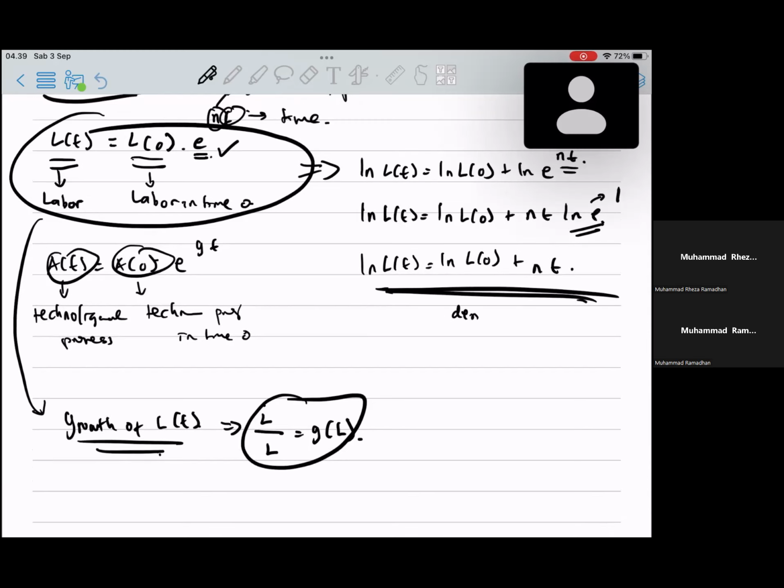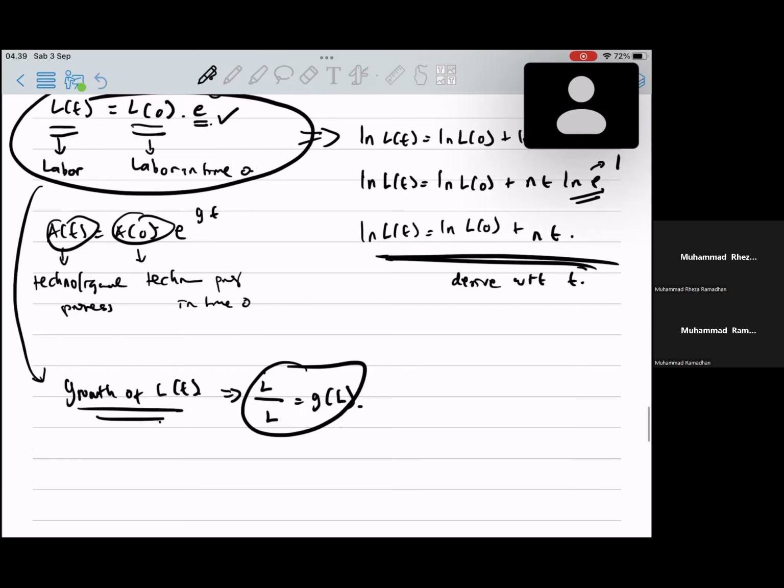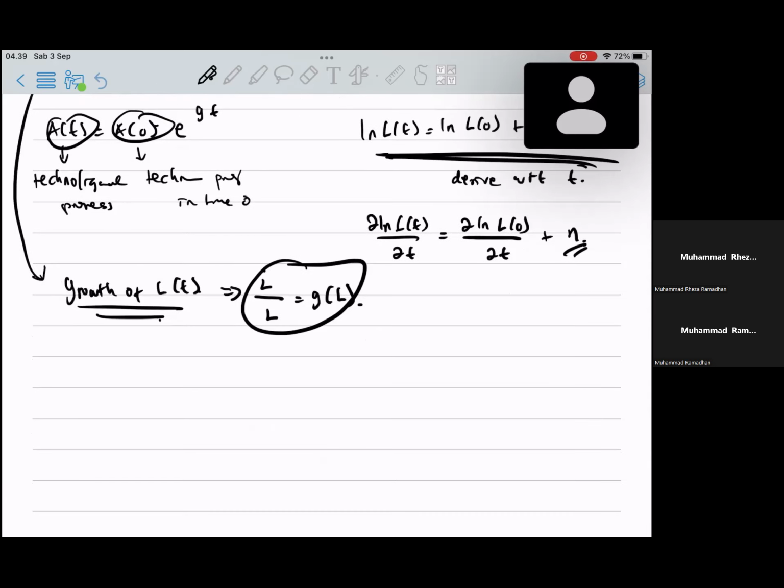Derive with respect to t. So you get ∂ln L_t over ∂t is equal to ∂ln L_0 over ∂t plus n. And then you can use the chain rule to derive this.